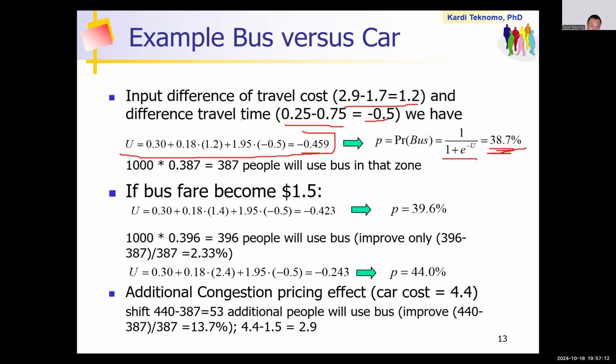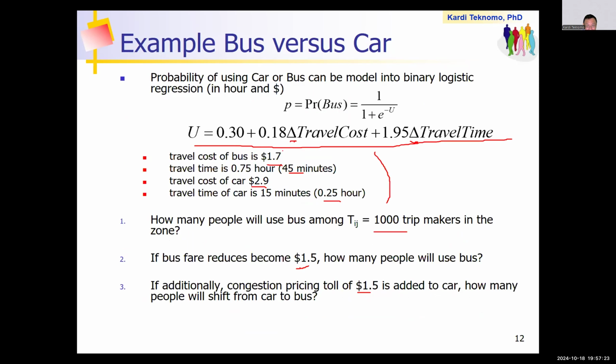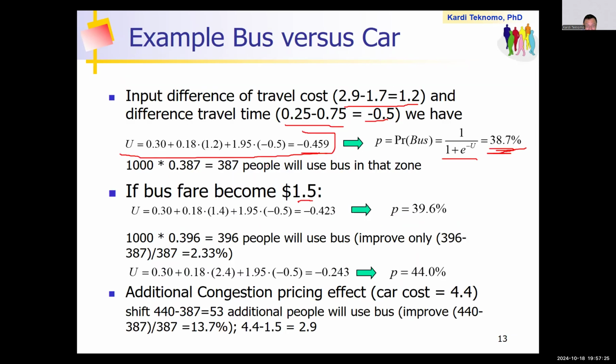Now scenario 1, the bus fare changes to 1.5. A while ago the bus fare was 1.7, now it becomes 1.5. So in this case, this one becomes 1.4, because this is the difference in terms of the cost between the bus and the car.